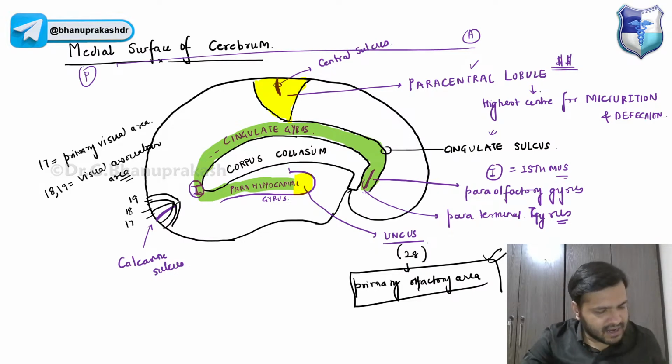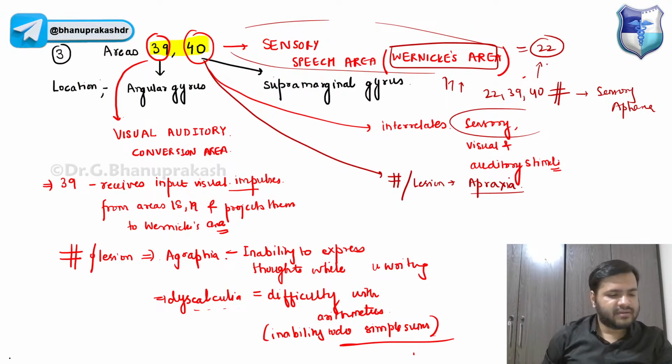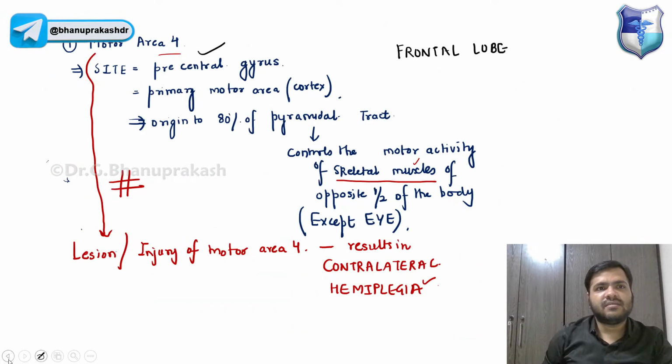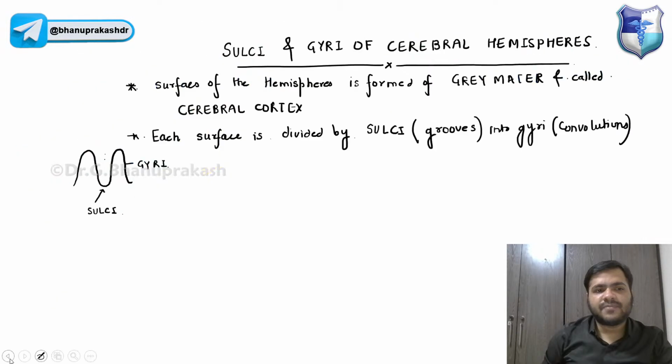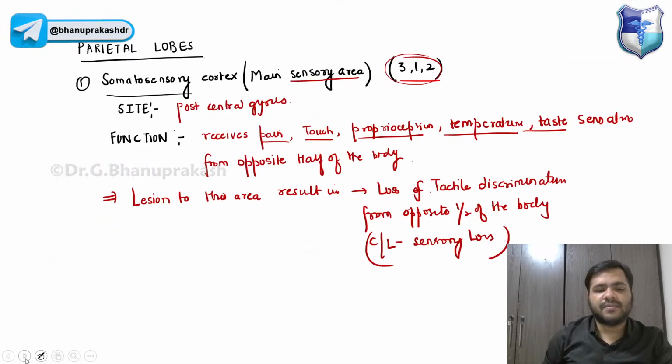Okay, I think that's enough for today. We have already discussed the medial surface of the cerebrum, and we have discussed the superolateral surfaces. So let's end this today, and tomorrow we will be starting with the white matter of the cerebrum.